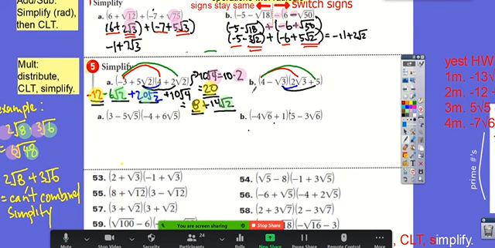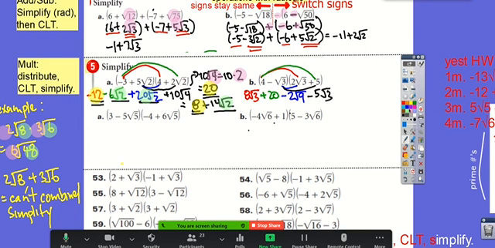Red becomes 8 root 3. Green becomes plus 20. Blue becomes minus 2 root 9. And black becomes minus 5 root 3.